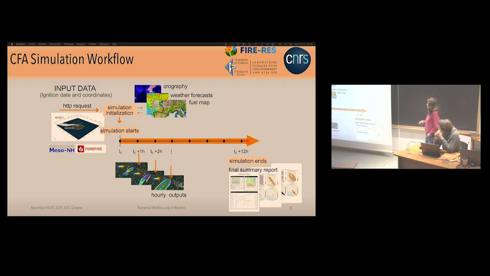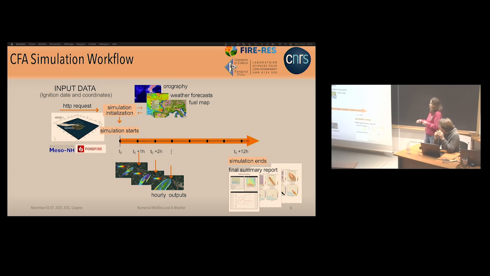What we were working to achieve, and what we now have in some form, is a schematic workflow of this type. We trigger a simulation, for instance, given an HTTP request with coordinates of ignition and date. The workflow then automatically gathers all the data needed by the wildfire spread model and the atmospheric code.